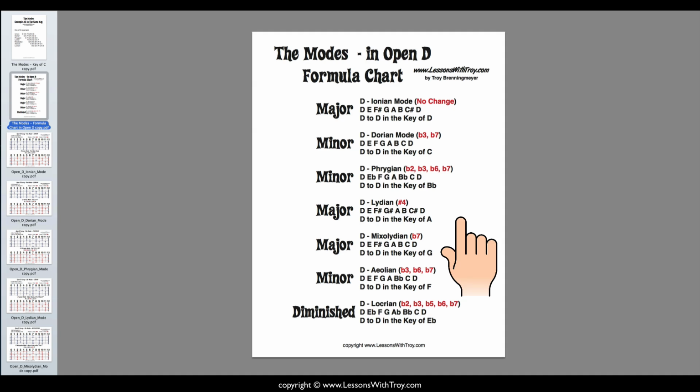So the sharp 4 defines that mode. Okay, there's Lydian.